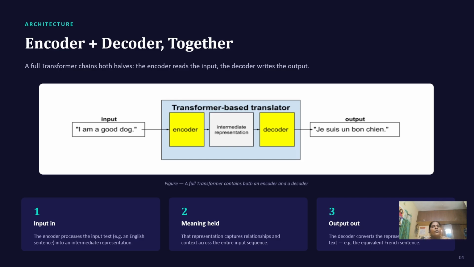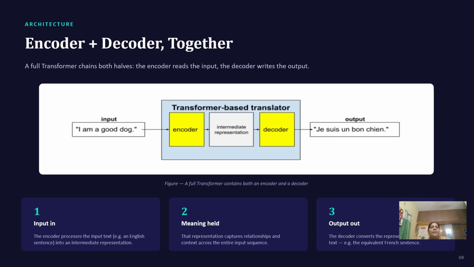So a full transformer chains both halves, that is, the encoder that reads the input and the decoder that writes the output. If you look into the architecture of a transformer, you give an input, it goes to a transformer-based translator where encoding and decoding happens, and you get an output. Here the input is fed into the encoder. The encoder processes your input text, that is, I am a dog, and gives an intermediate representation.